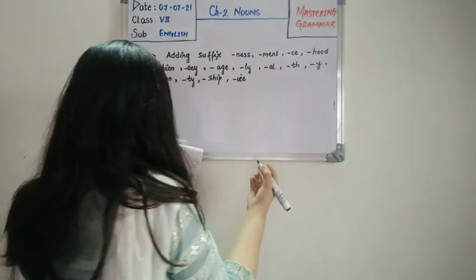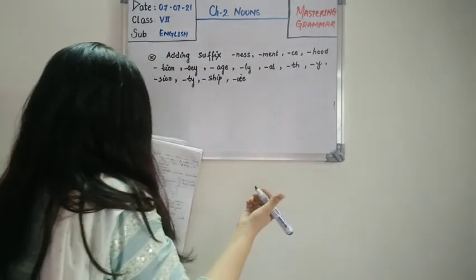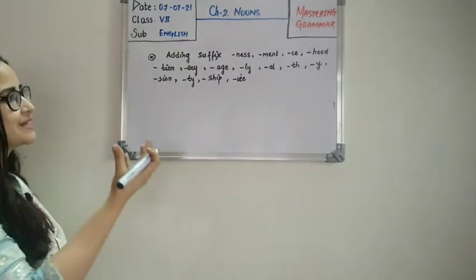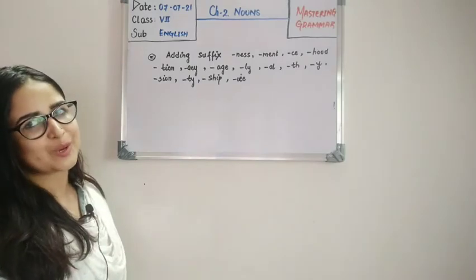Okay children, so these are certain suffixes which we can add to make an abstract noun.